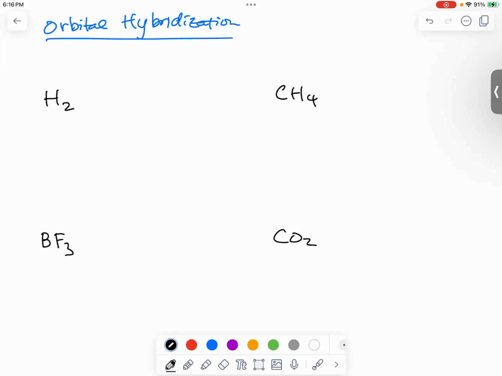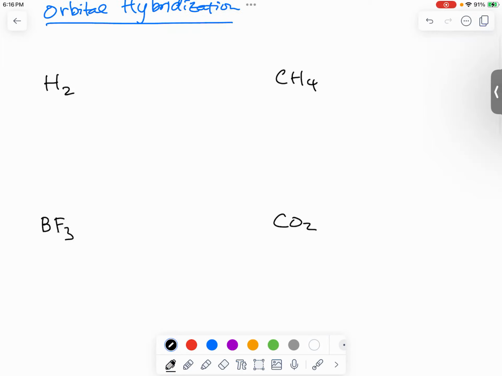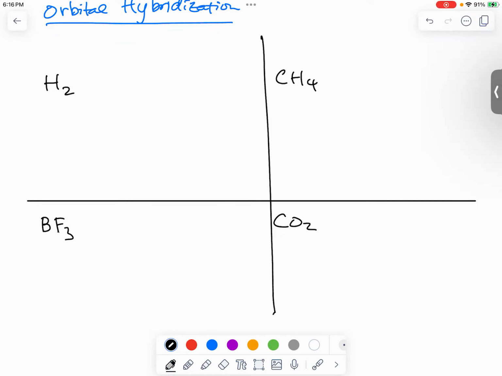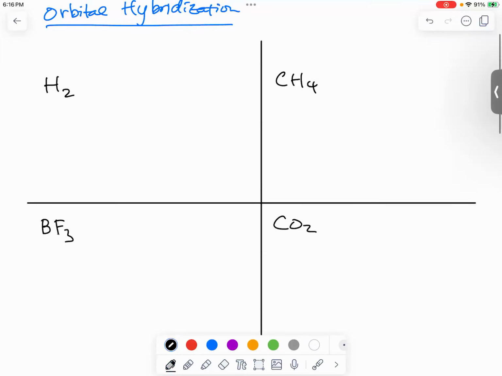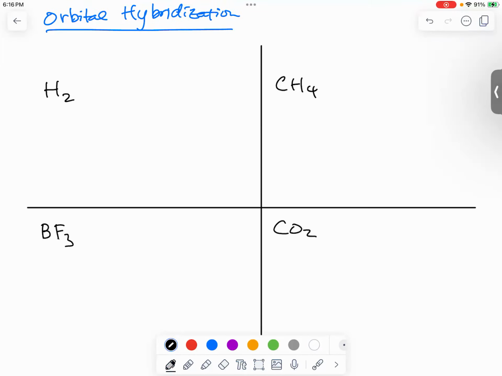Now, these four diagrams, go ahead and draw some squares to separate them so that we can see them a little bit easier. We're going to develop today's topic with these four structures. They're pretty easy to draw, and if you draw them enough, you probably don't need to rely on all those methods anymore. You should be able to draw them by heart.